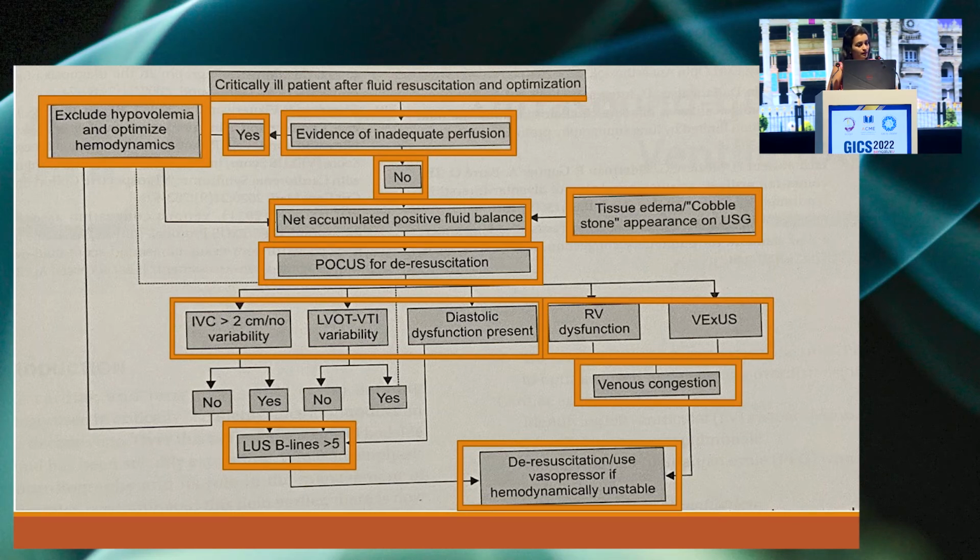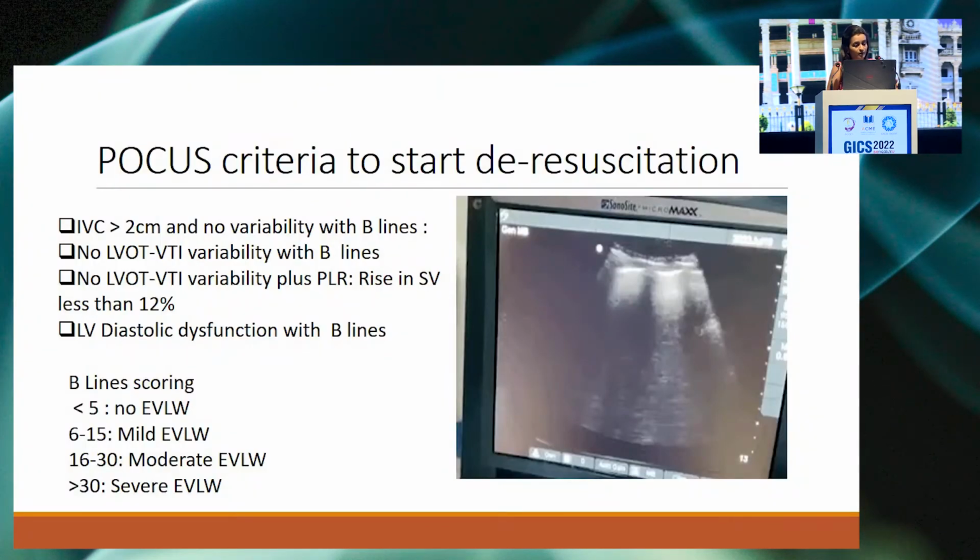And if you can see that there is a positive accumulated fluid balance, then there are various parameters which are described in POCUS. What are those parameters? For example, if the IVC is more than 2 centimeters without any variability, or we are doing a velocity time integral and there is no variability, or if we are doing LVOT VTI with PLR and there is not much improvement in the VTI after PLR, or there is associated diastolic dysfunction.